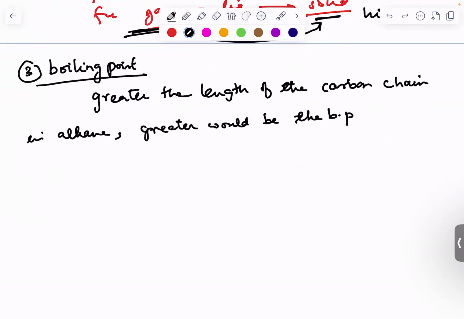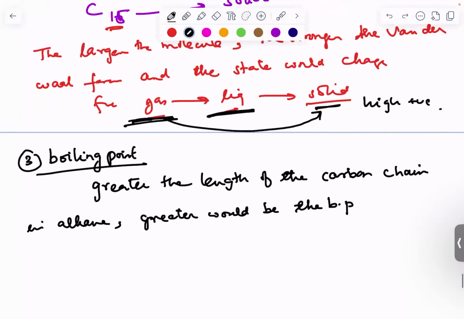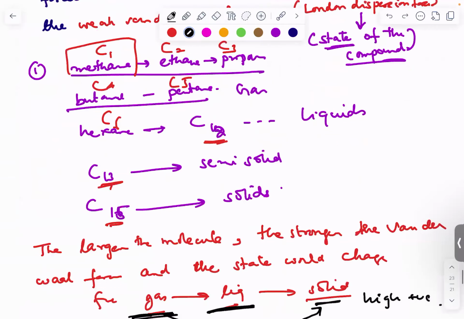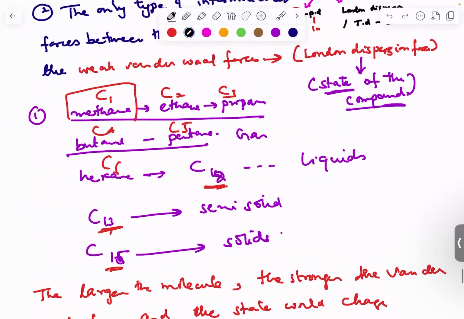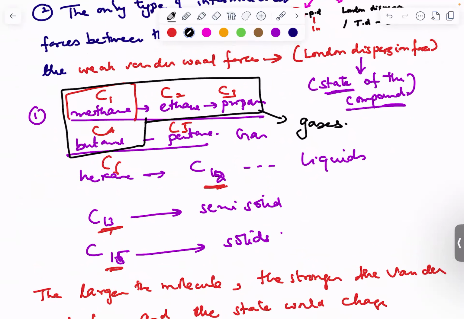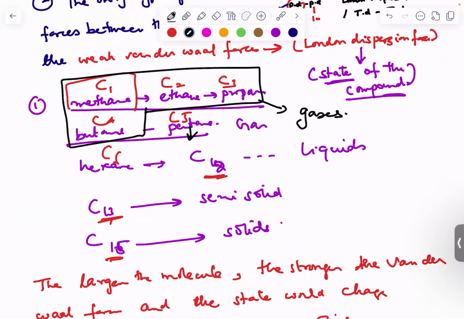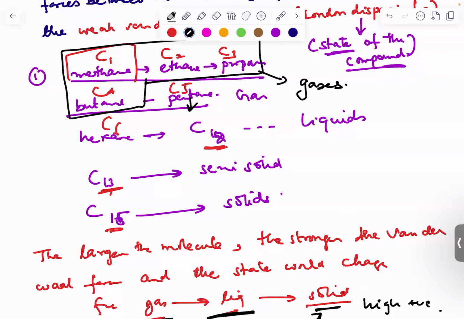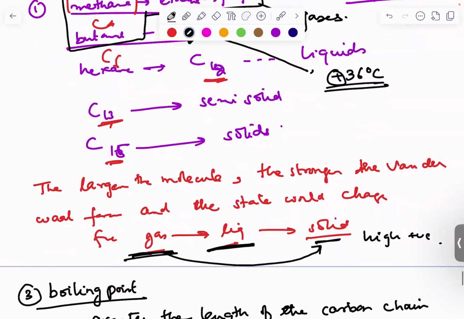If the chain is shorter, like up to butane, these are gases. And pentane is somewhat liquid. So pentane, having five carbon atoms, is liquid. But as I told you earlier, although the boiling point would be positive, it is very low positive, around positive 36 degrees centigrade.